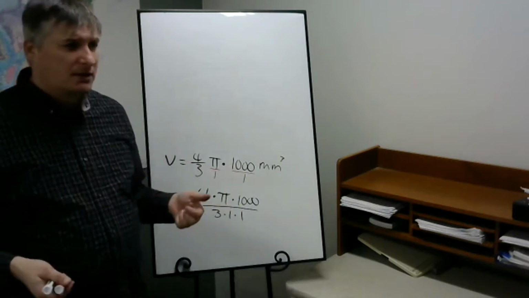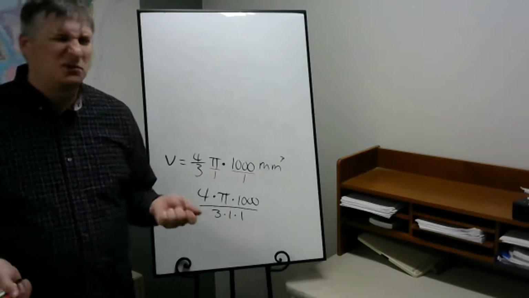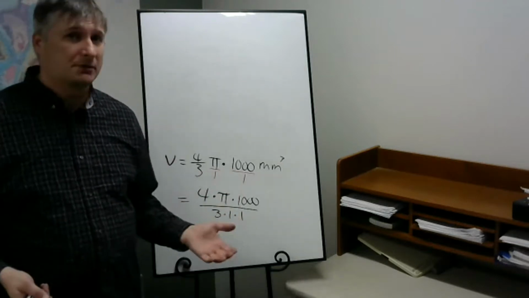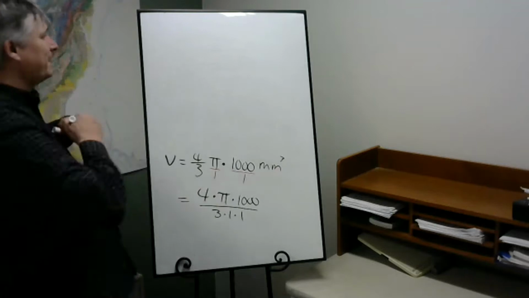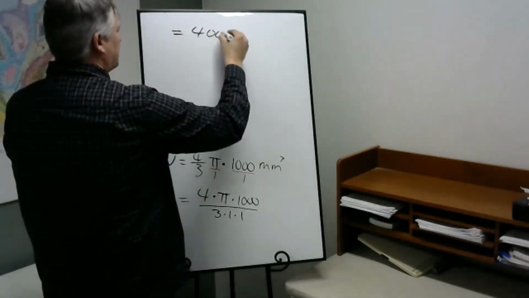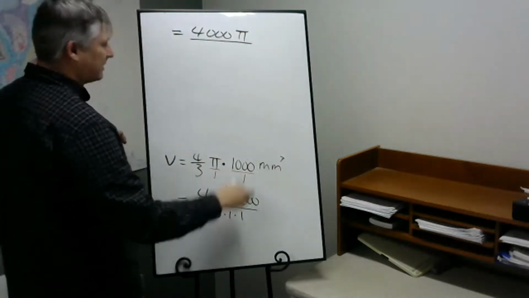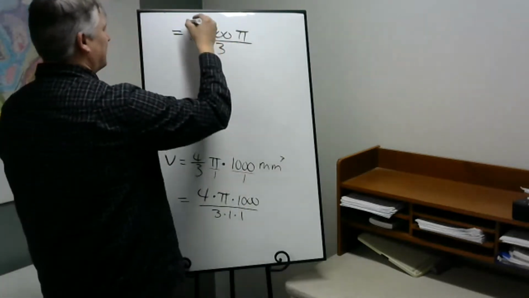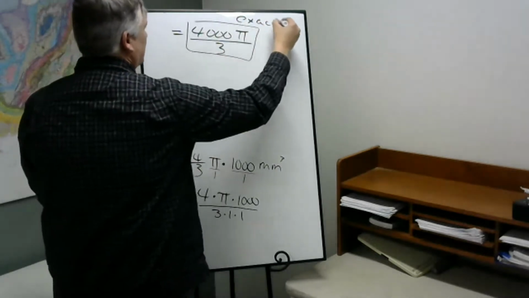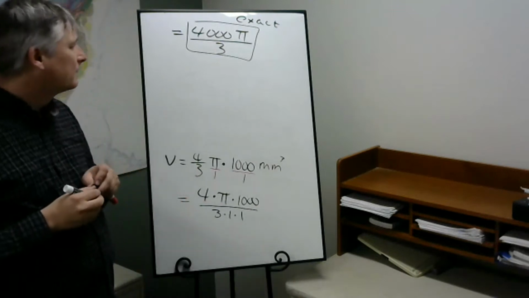The order doesn't matter. 3 times 5 is the same as 5 times 3. You just can't do that with subtraction and division. That doesn't work. Only with addition and multiplication. So what we'll get is 4,000 pi over 3 times 1 times 1, 3. So that's going to be your exact answer.